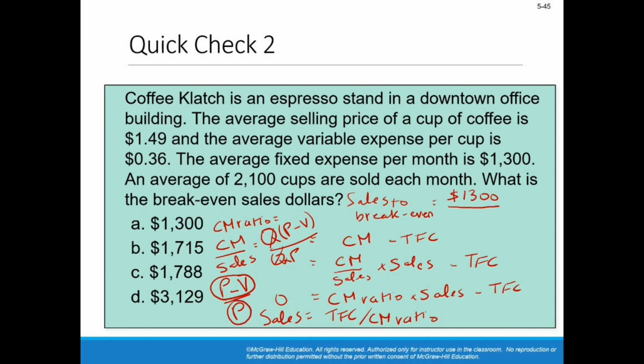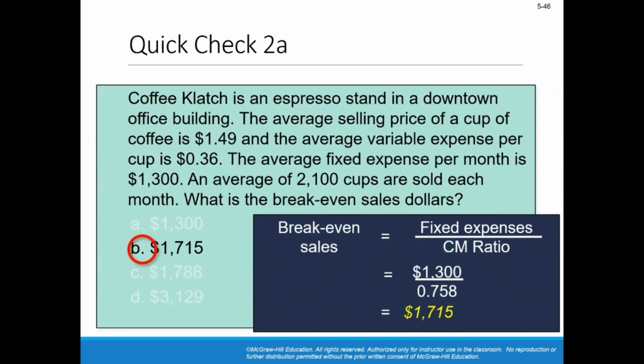So in the numerator for the CM ratio, you can have P minus V, which is the 1.49 minus the V, which is 0.36, divided by 1.49. You do the math, and you get this number.